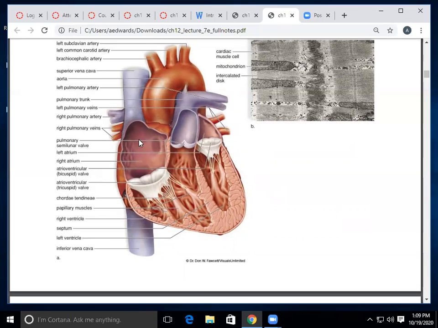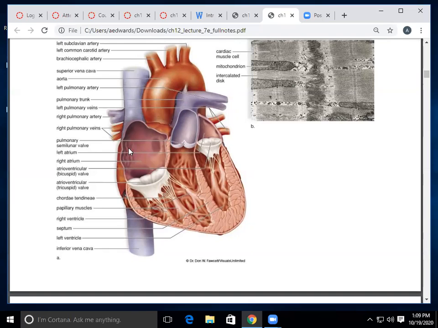Blood's coming in from the inferior and superior vena cava, going through the right AV valve. Here are the cusps of the valve, the chordae tendineae and the papillary muscles. Blood's going to flow. Now, when the ventricles contract, blood will push out and these valves will close.